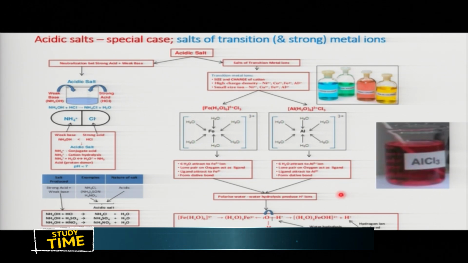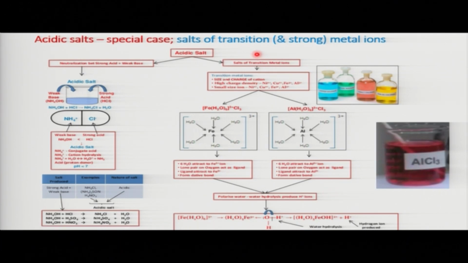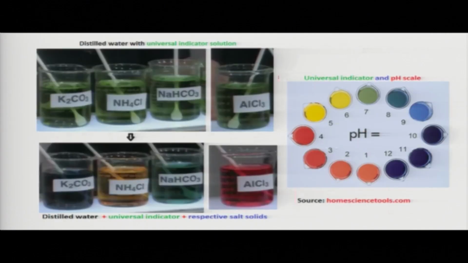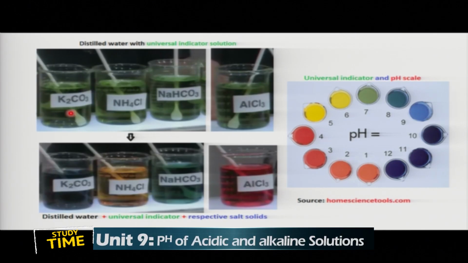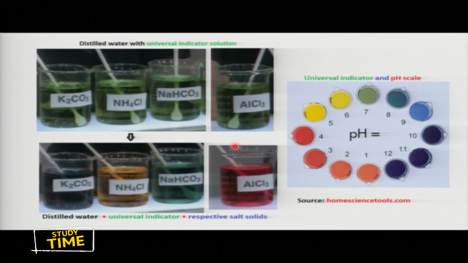So it is a unique character for the salts of strong metal ions in the transition metals. That's why I separated it to be different from these three. It interacts with water differently.